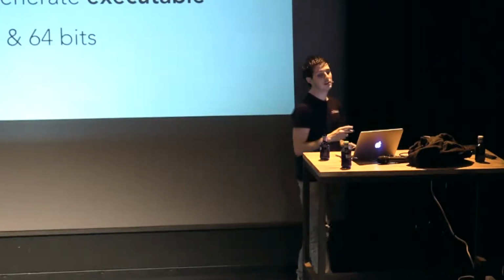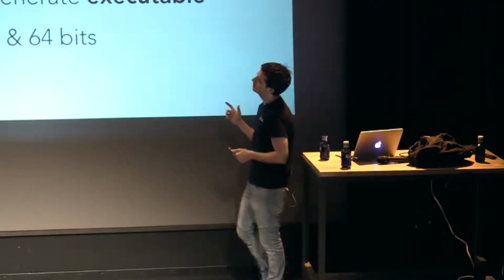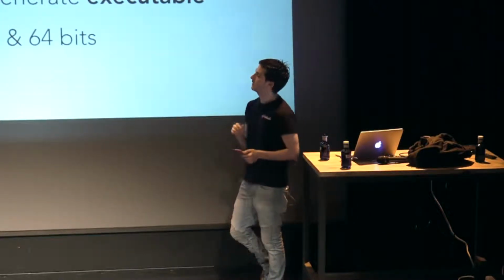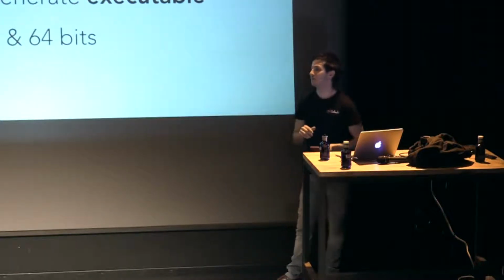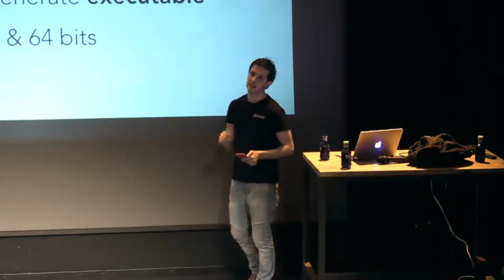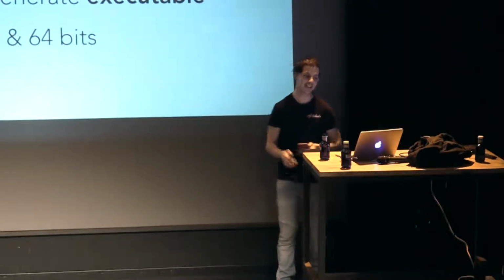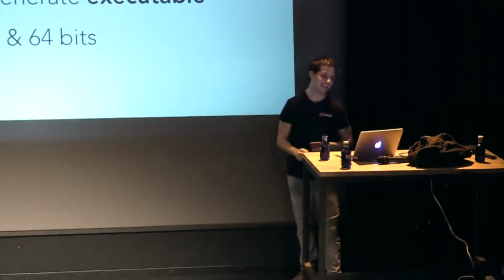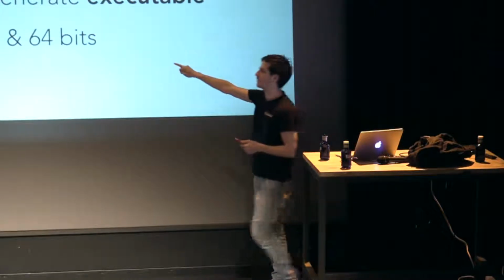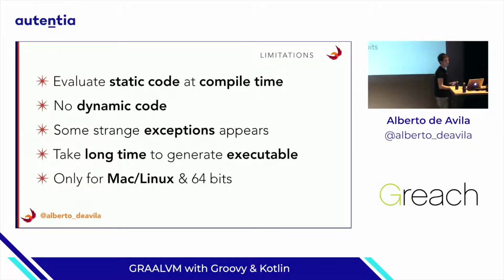Another two limitations: it takes a long time to generate the executable. I have seen on the internet that some medium or large projects take up to 60 minutes to generate an image. So this is a long time. And be careful, it only works on Mac or Linux and 64 bits.